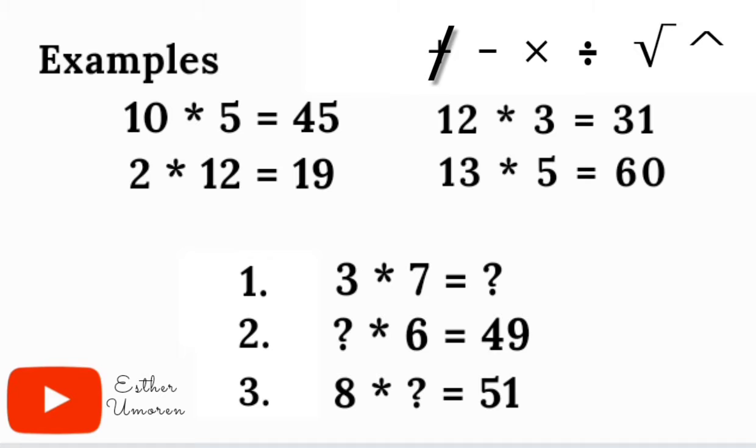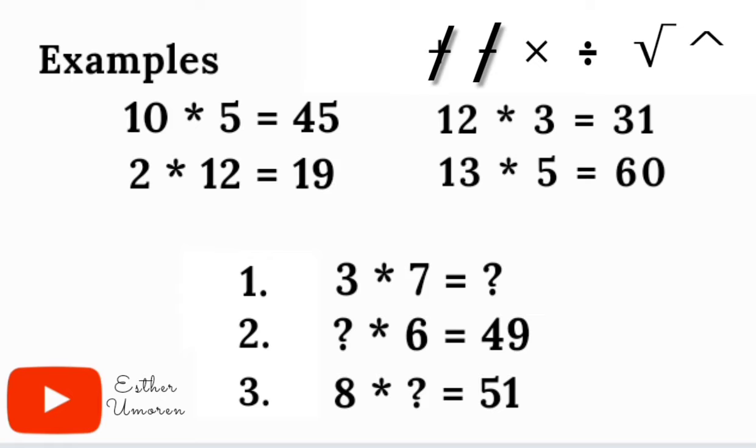The next sign is minus. 10 minus 5 definitely is not 45, so it's also out at the first stage. We proceed to multiplication. 10 times 5 is 50, and the answer here is 45. But if I take away 5 from 50, my answer is 45.